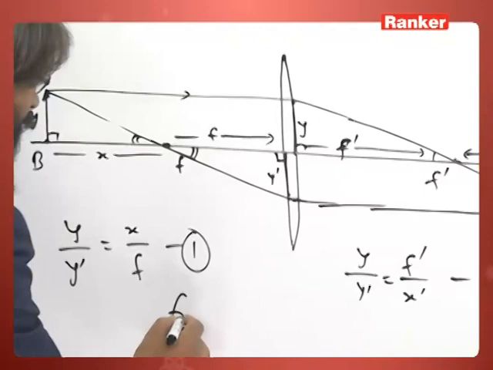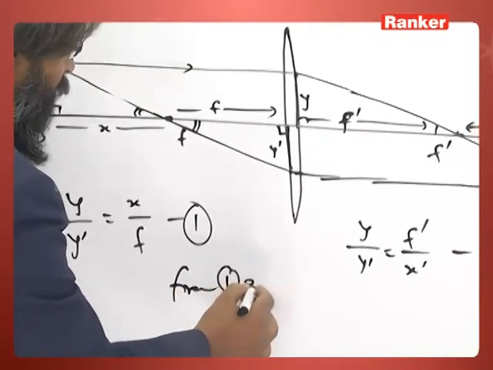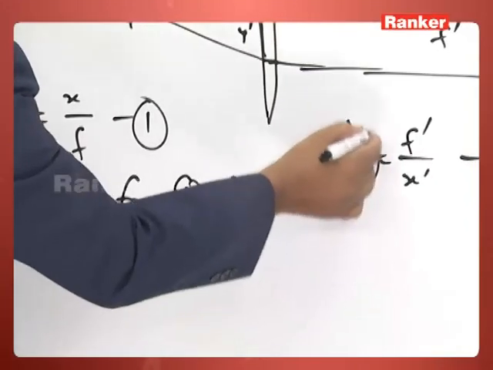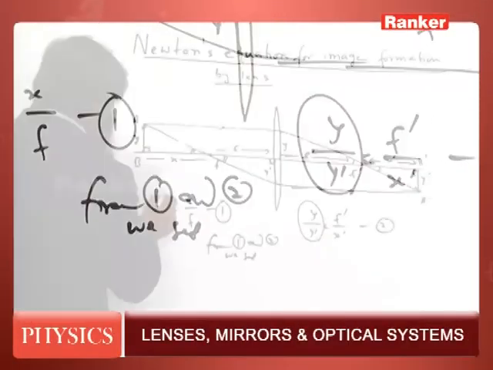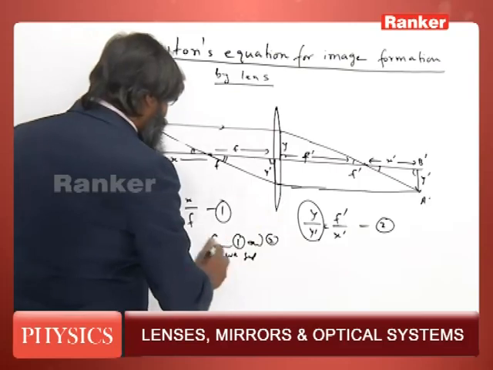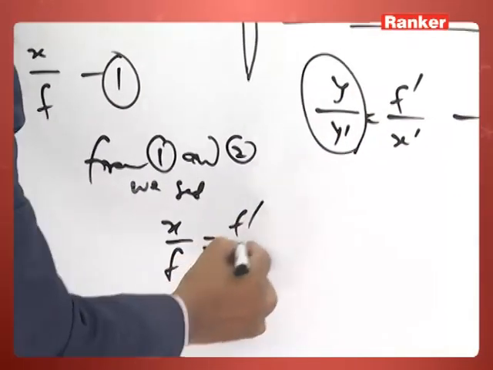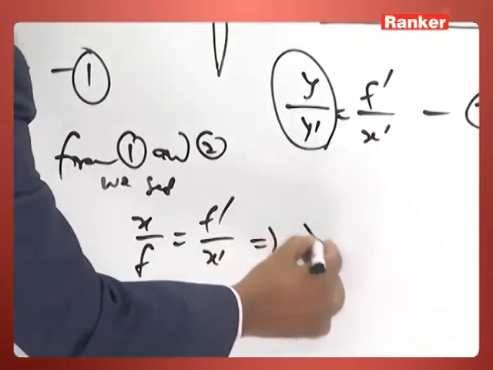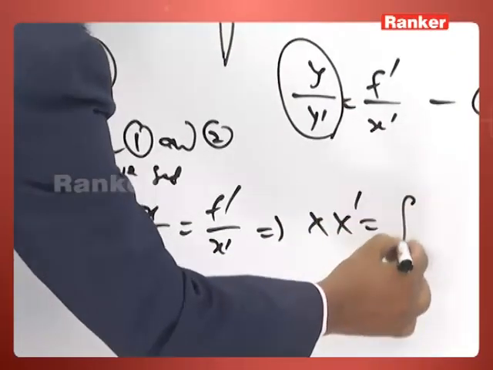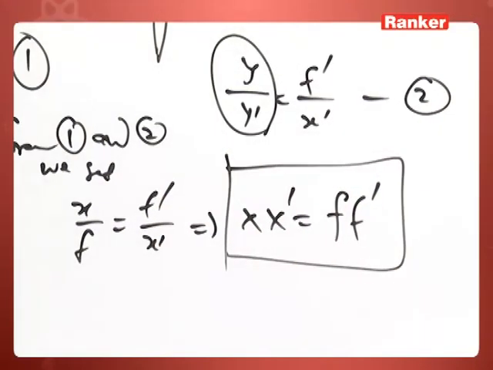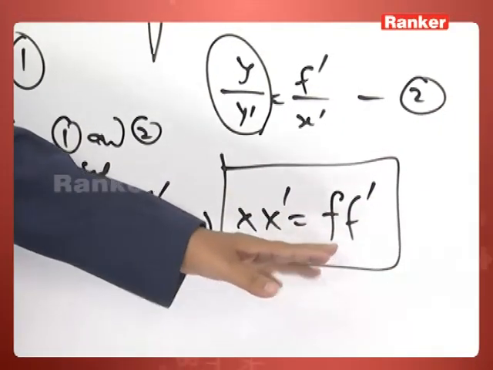From 1 and 2, we get, y by y dash is common. So, we have x by f is equal to f dash by x dash, which implies x x dash is equal to f f dash.